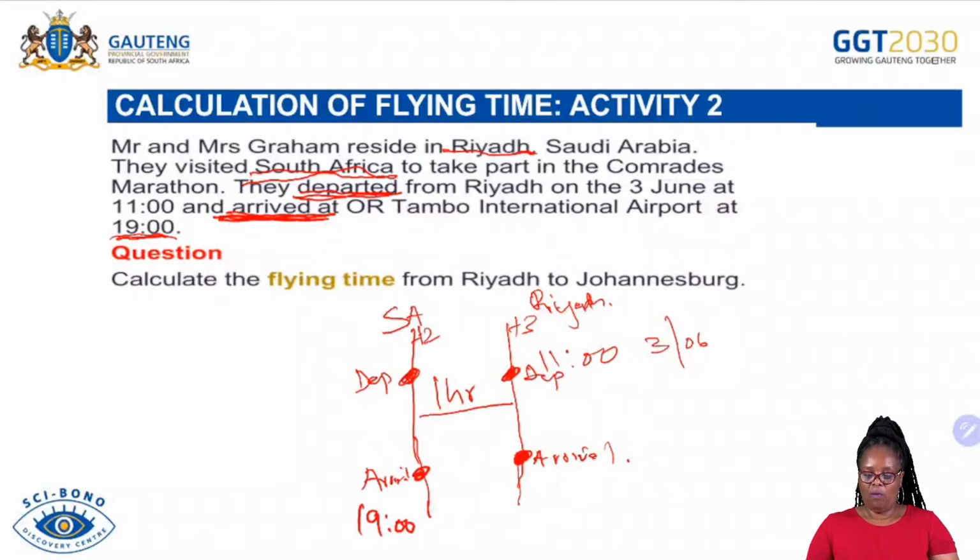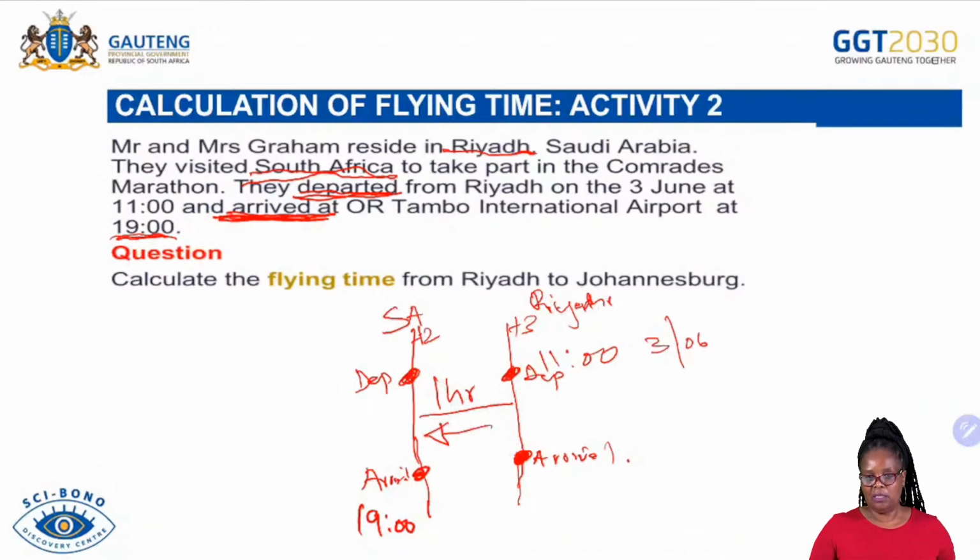So here we are, our calculations are showing. The next step, we have to find out the direction. They say that they departed from Riyadh. So Riyadh is here on our right hand side. As you can see, this is our Riyadh, and they go to South Africa.